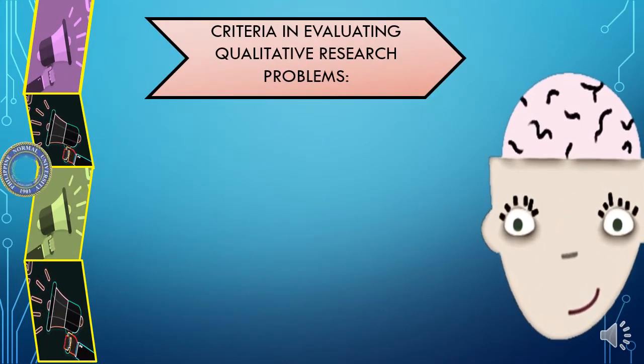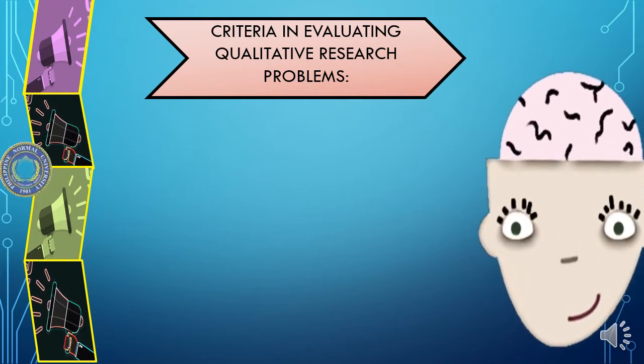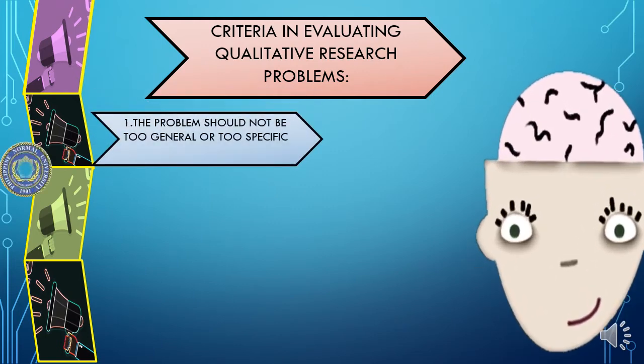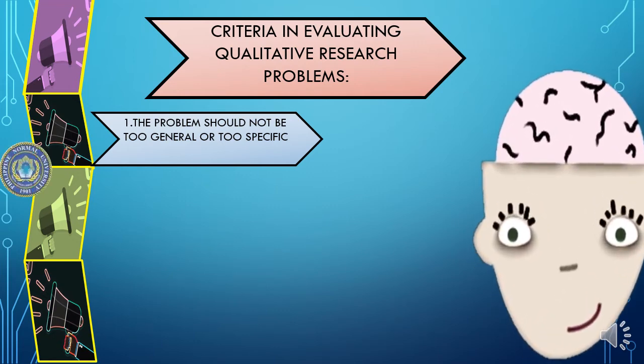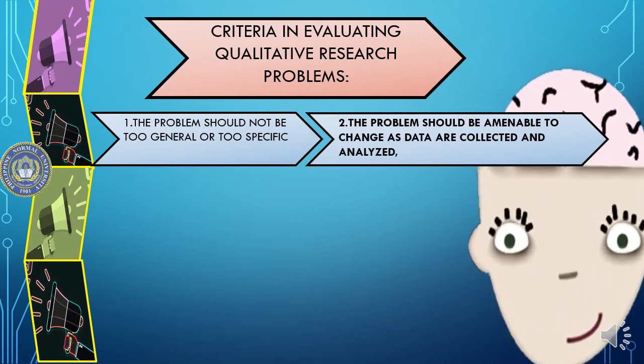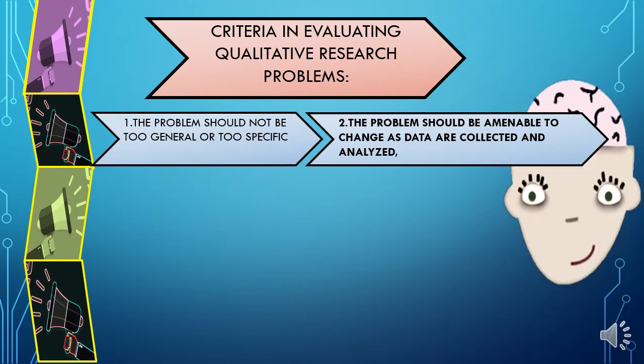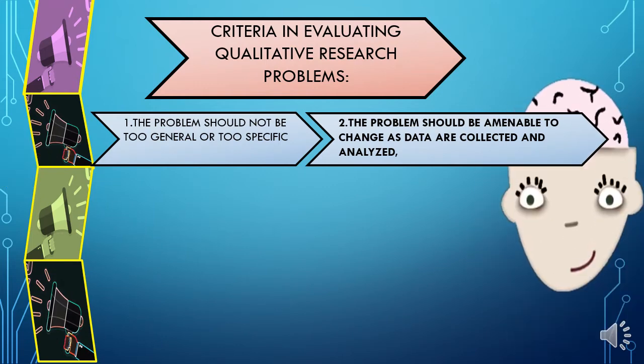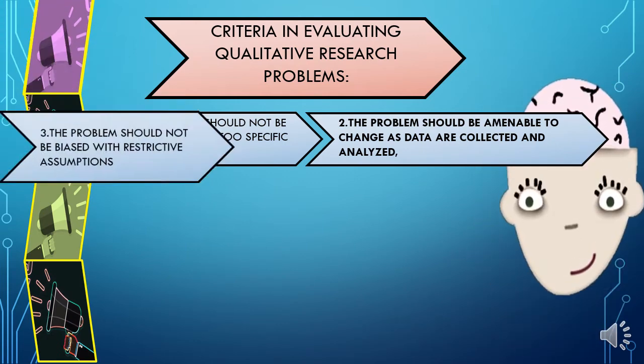So the following is the criteria in evaluating qualitative research problems. First, the problem should not be too general or too specific. Second, the problem should be amenable to change as data are collected and analyzed. When we say amenable, the data should be workable or answerable.